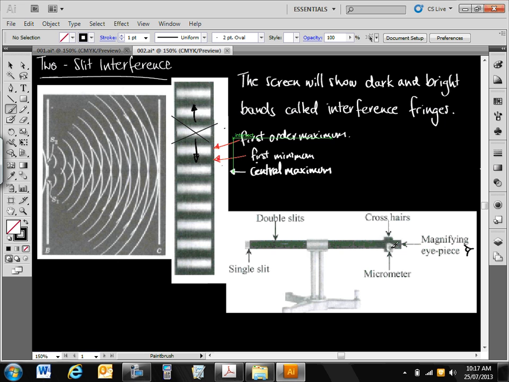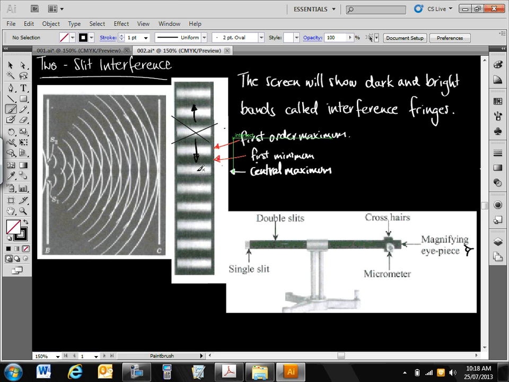The micrometer has graduations on it, and so you can measure how far you move along here with very fine precision, down to the micrometer, of course. And what we will do in this practical is we will move the crosshairs across the bright bands to measure the distance between the centers of two of the bright bands.